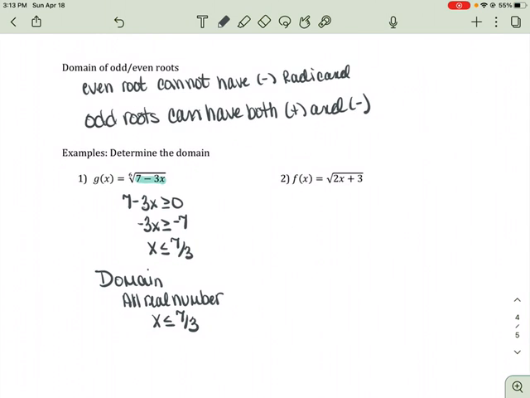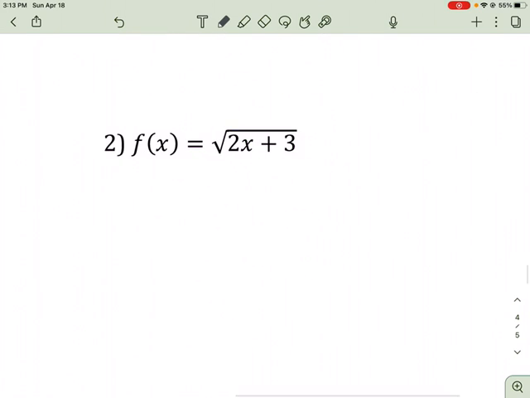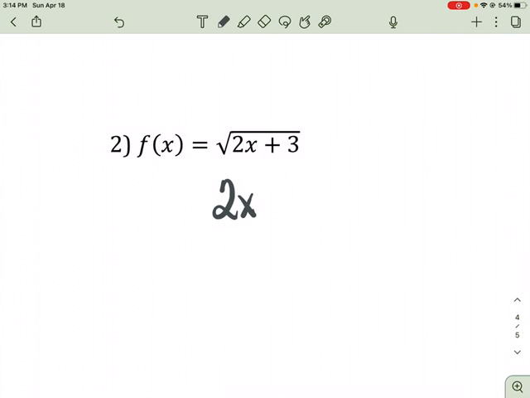Okay. All right, let's try this one. Square root can't be negative underneath. If that was a cube root, we would just say all real numbers. So here, again, this expression has to be greater than or equal to 0 for us to be okay underneath the square root sign.